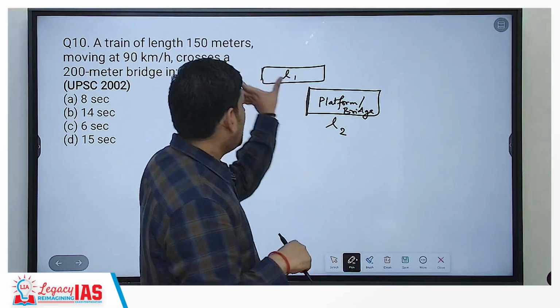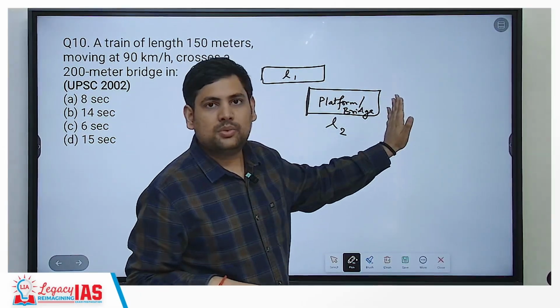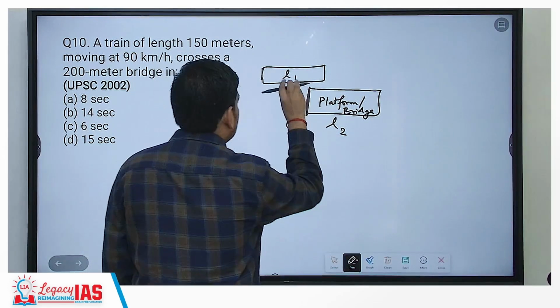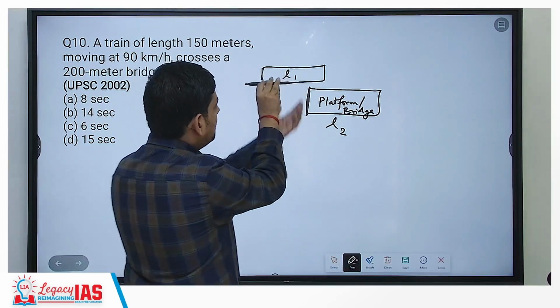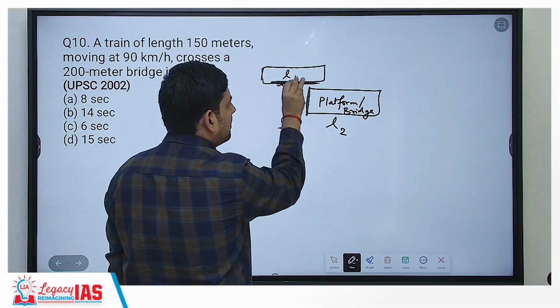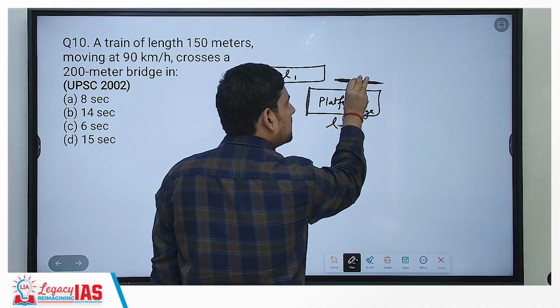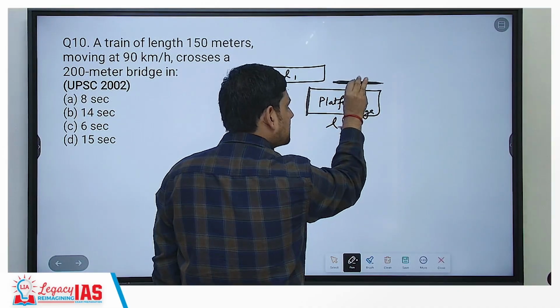Now here, apart from the length of the train, the length of the platform or bridge also has to be covered. Why? Because let's say this is a train and this is the start of the train, this is the end of the train. Now it starts moving. Now see, the start point has crossed the entire platform, but the train is still on the platform.